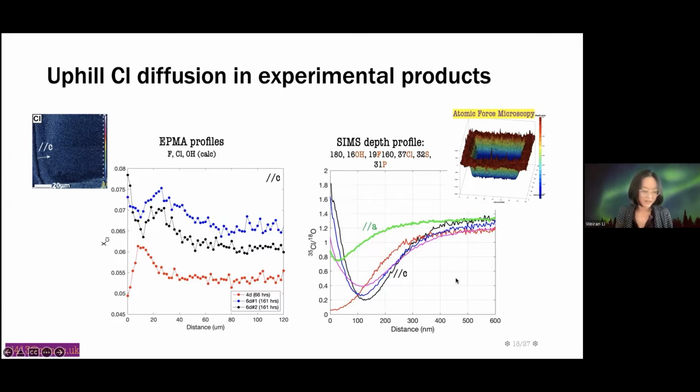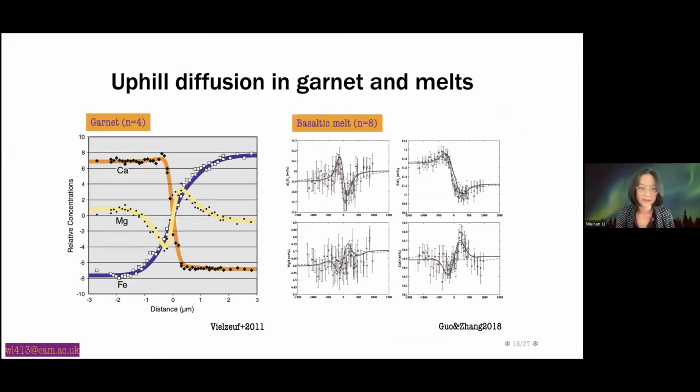So what is uphill diffusion? Uphill diffusion has also been observed in garnets, in terms of calcium, magnesium, iron, and manganese diffusion, with 4 components in that diffusion mechanism. For basaltic melts, there's also multi-component diffusion that shows uphill diffusion profiles, as you can see here.